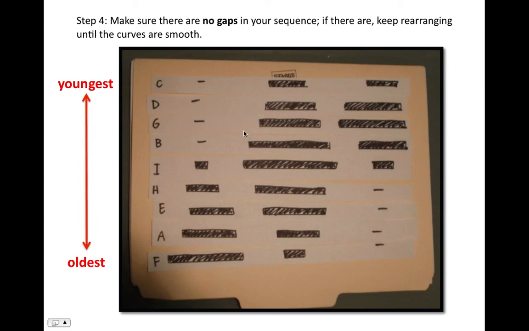So we know, for example, that site G is older than site D because it is below it in the seriation curves. While this still doesn't give us exact ages, we can't say that site D is 500 years old and site E is 700 years old. We get the relative ages by looking at younger and older.